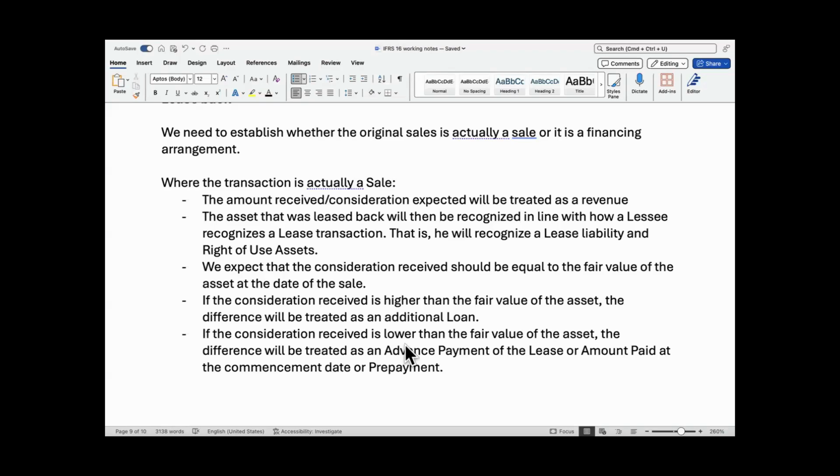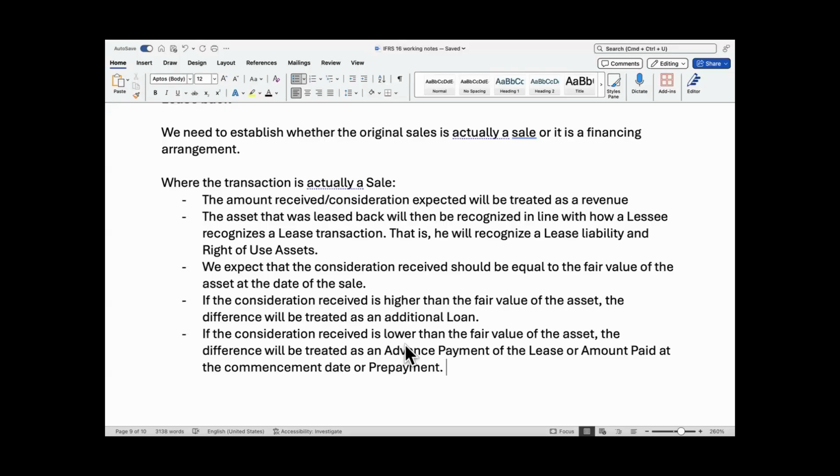Why would you do that? So, see, what we are trying to do is cover loopholes in accounting here. Why would anybody receive lower? In order to link it up with the fact that he's leasing back, we are trying to patch everything up under that lease arrangement.